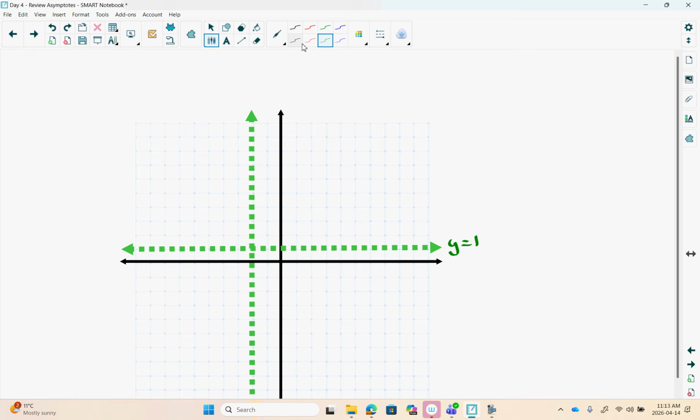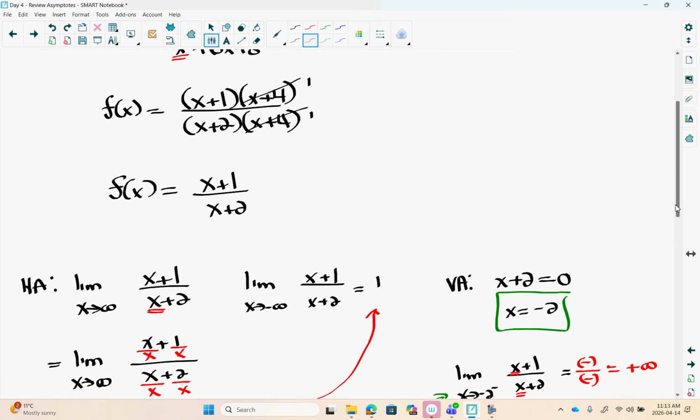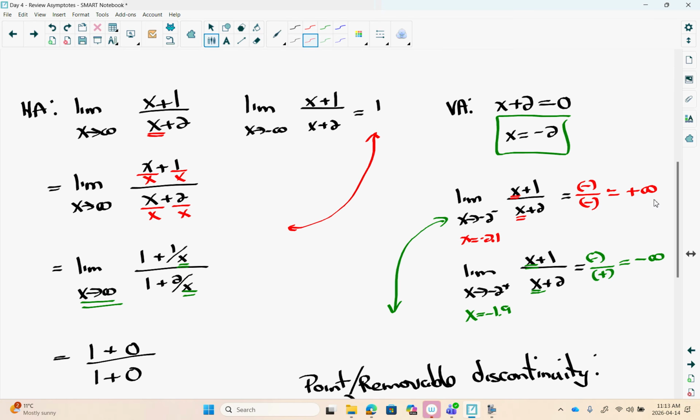X equals -2. What did we say was happening as I approached -2 from the left? My y values were getting what? Not smaller. I think they were getting larger, right? What was happening as I approached -2 from the right? They were getting smaller.